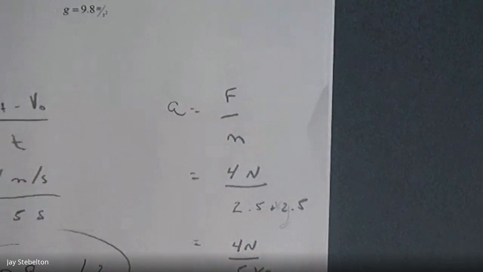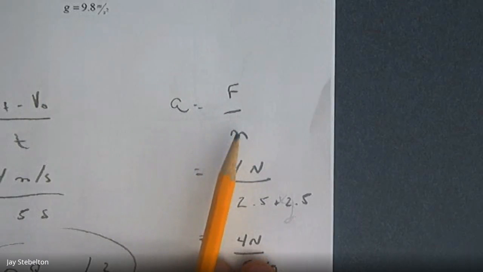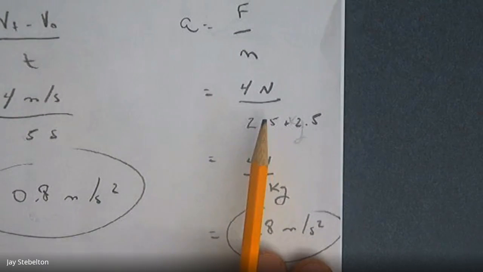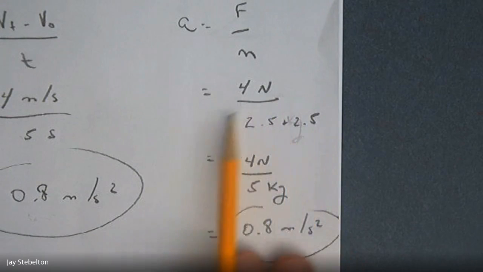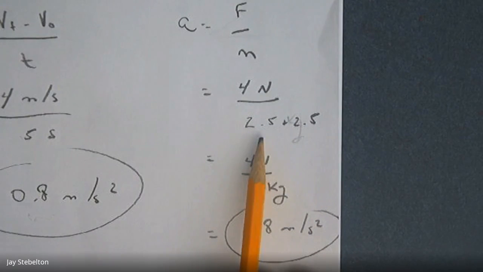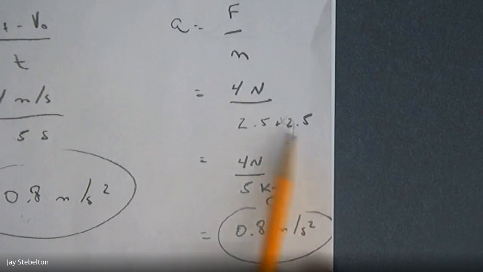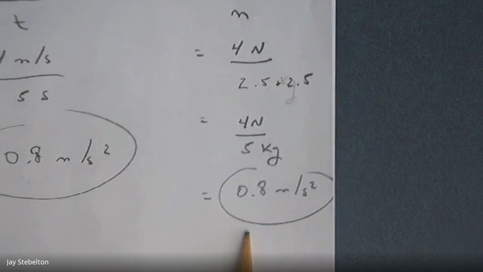Or you can use Newton's second law, F equals ma, so A equals force divided by mass. The force of each fan is 4 newtons. It tells you that in the gizmo. Each fan weighs 2.5 kilograms, and the cart by itself was 2.5 kilograms. So it'd be 4 newtons divided by 5 kilograms, or 0.8 meters per second squared.